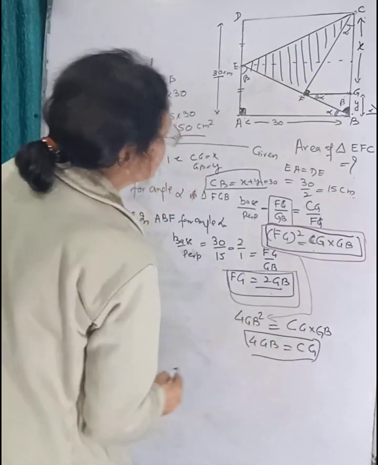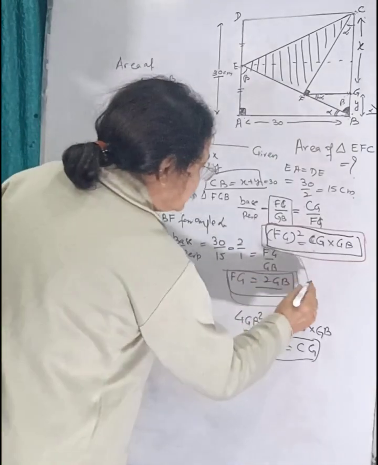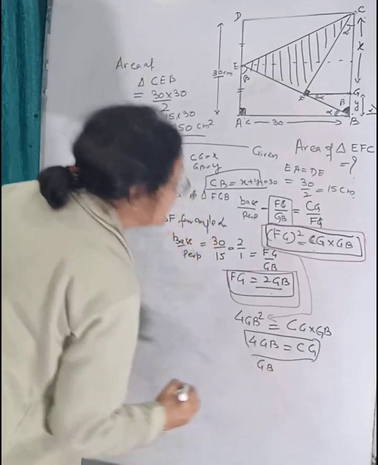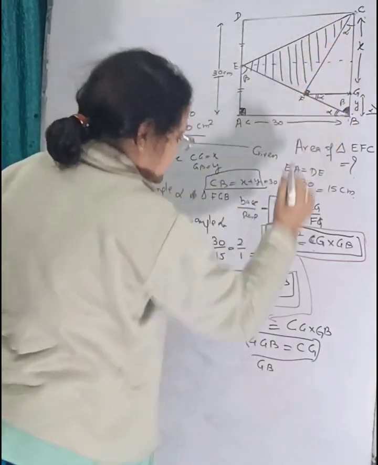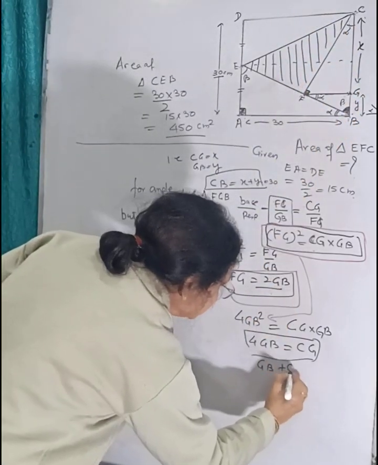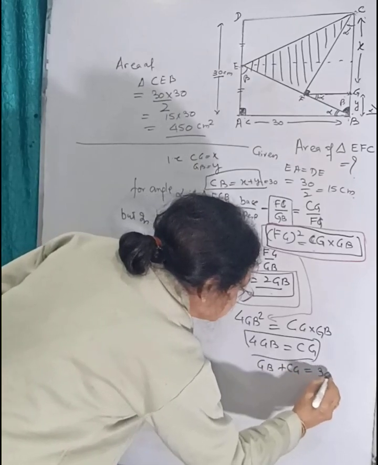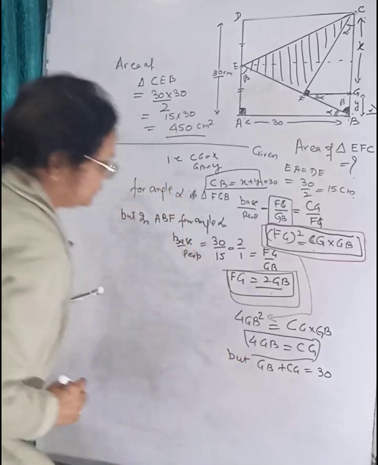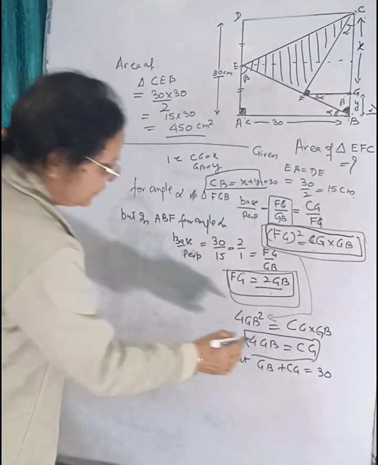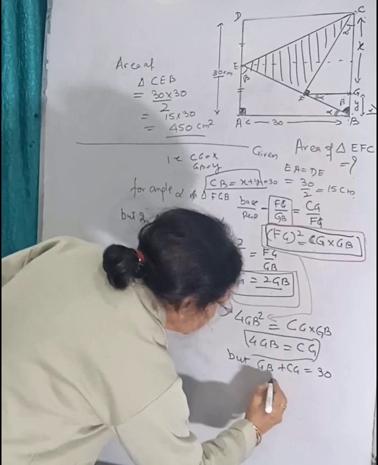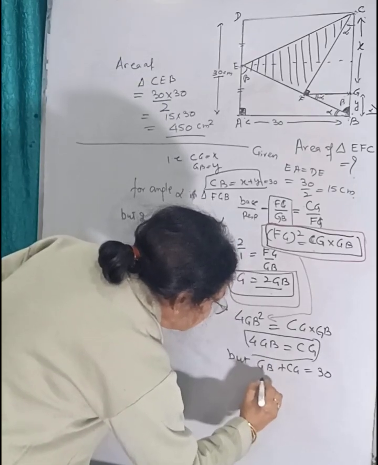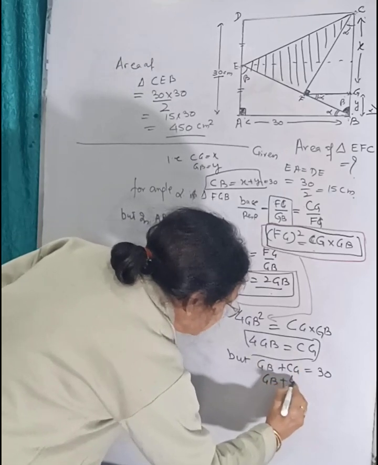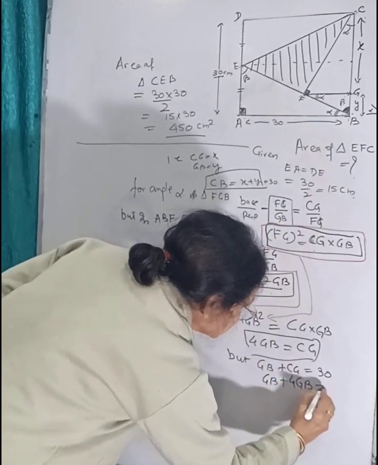That is very important for us because GB plus CG is equal to 30. In place of CG, we can write 4 times GB. It means GB plus 4 times GB is 30, so 5 times GB is 30.